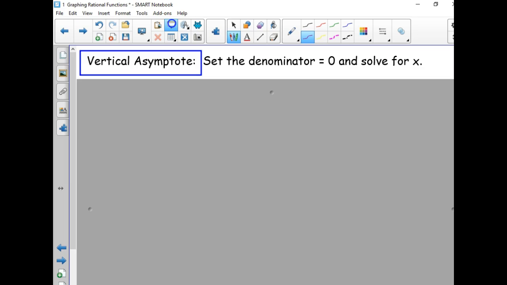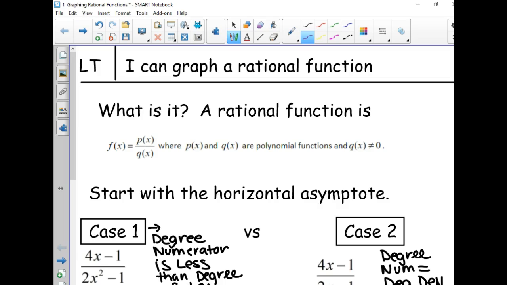You also will have to find the x-intercept and the y-intercept. The x-intercept is wherever y is equal to 0. To figure out whenever y is equal to 0, we need to think about our function and say, how is this going to be 0? Well, what makes a fraction equal to 0? The numerator, right?